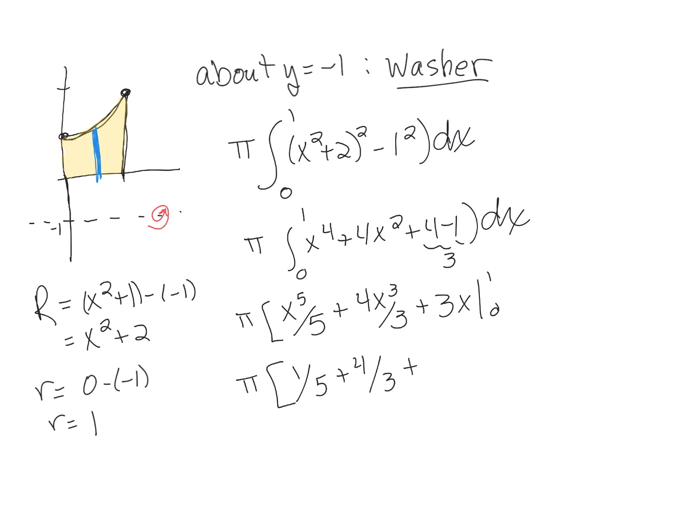I need a common denominator, which will be 15. So pi times 15 on the bottom. I have to multiply this guy by 3, multiply this guy by 5, and multiply this by 15. Adding it all together, I'm going to get 68 pi over 15.